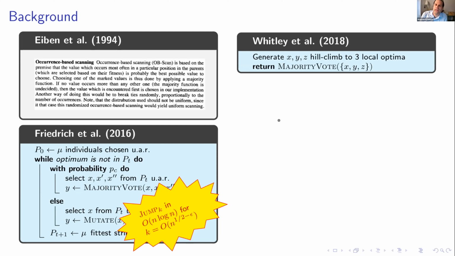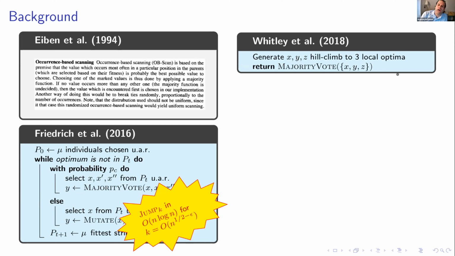More recently, in a paper by Darrell Whitley et al., they showed that you don't even need to keep this population around. What you can do is just generate 3 strings uniformly at random, and then use next descent hill climbing to create 3 local optima and hit the plateau on jump.